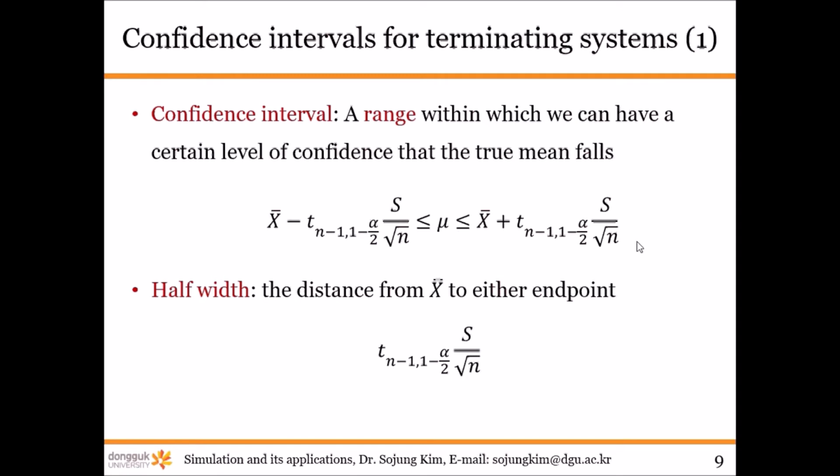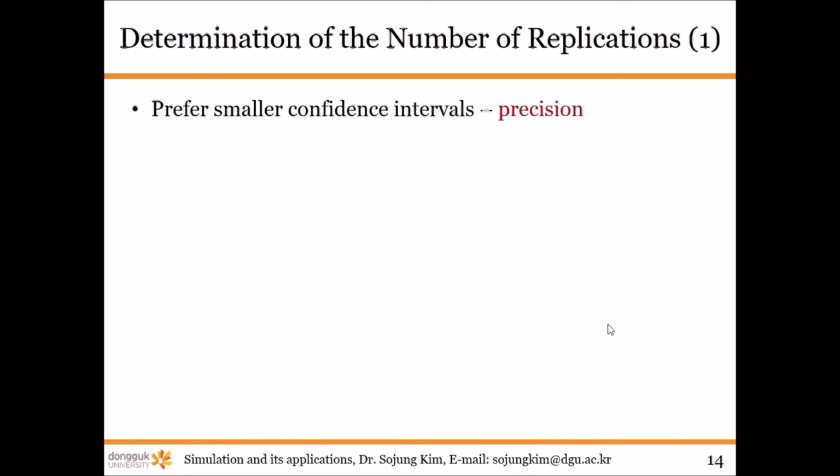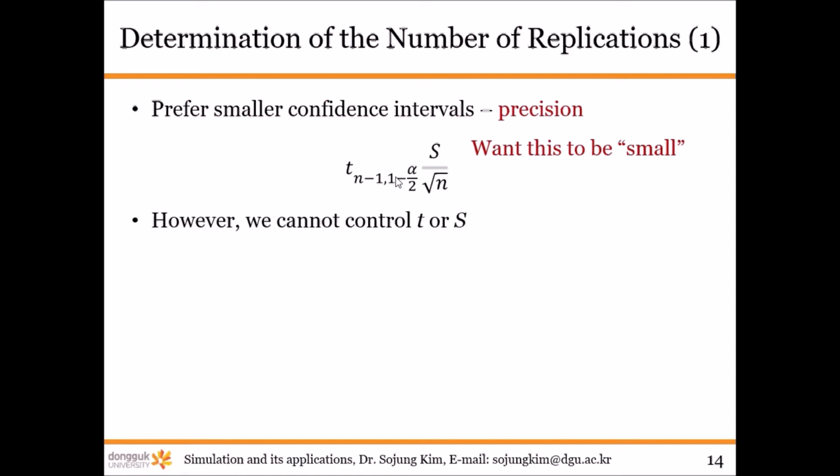And the half of the confidence interval is like this. These two terms are the half width of the confidence interval. We want a smaller confidence interval for precision purposes. If the half width is very small, then definitely our simulation model has very high precision.